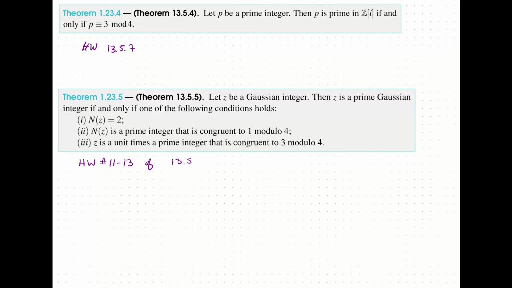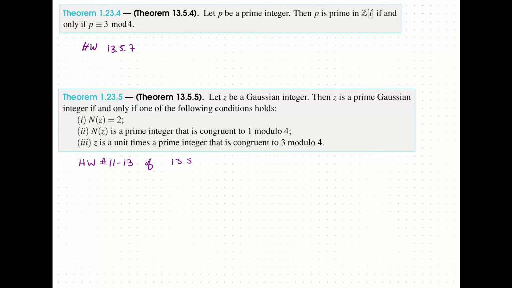And as a follow-up, we have theorem 1.23.5, which tells us that if z is a Gaussian integer, then z is a prime Gaussian integer if and only if one of the following conditions hold. The norm of the Gaussian integer is exactly 2. The norm of the Gaussian integer is a prime integer congruent to 1 mod 4. Or the Gaussian integer is a unit times a prime integer that is congruent to 3 mod 4.